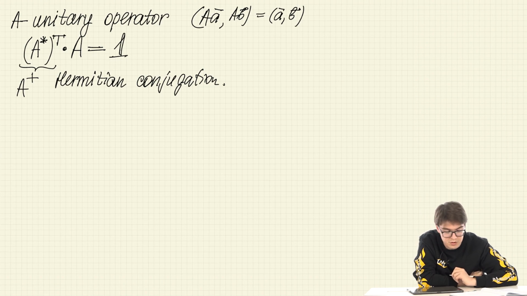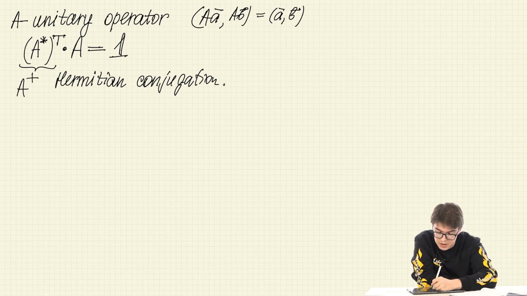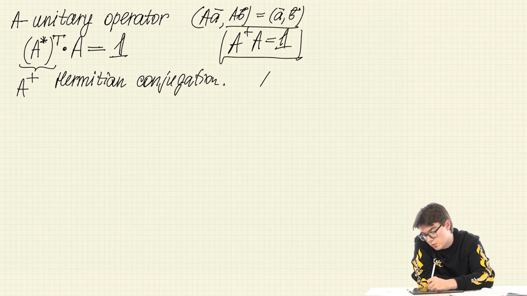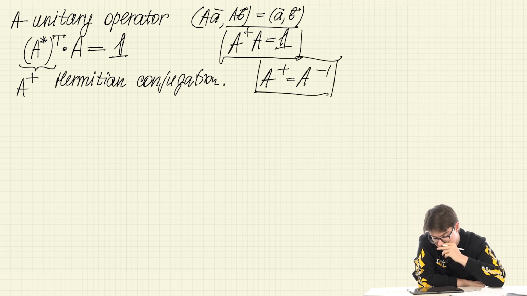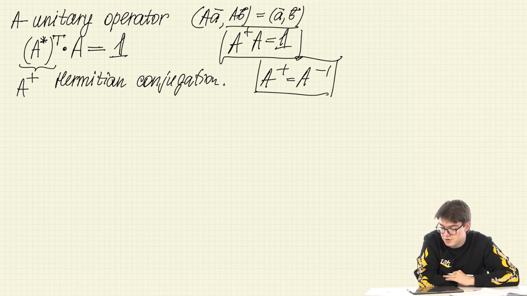So A cross A equals the unity matrix. And also, in the same way, the result for the inverted matrix can be achieved.